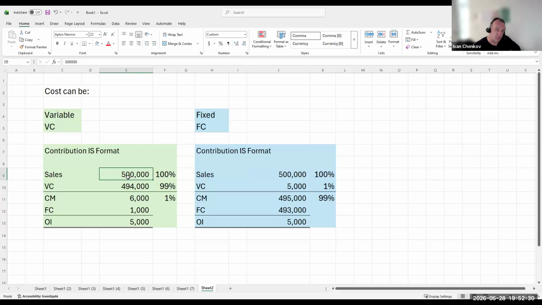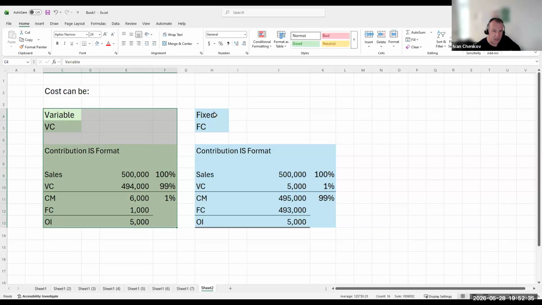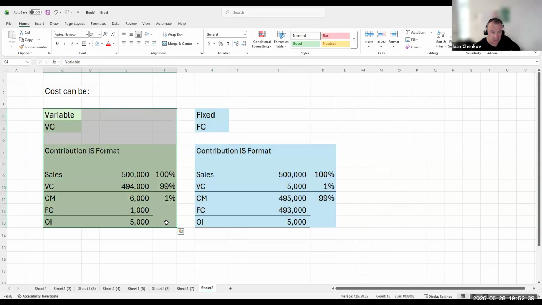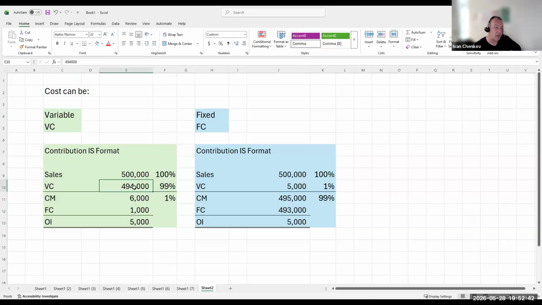The question is, which kind of company is going to have this kind of cost structure and which kind of company is going to have this cost structure? The variable cost company, which relies too much on the variable cost rather than the fixed cost, can be a grocery store. The grocery store, let's say a superstore selling watermelons, the contribution margin per watermelon will be very, very, very small.